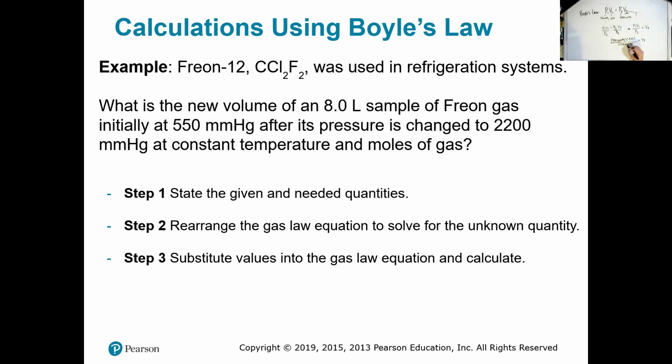And you see our pressure units are going to cancel out here. And the solution to this is going to be a volume of 2 liters. That is our new volume.